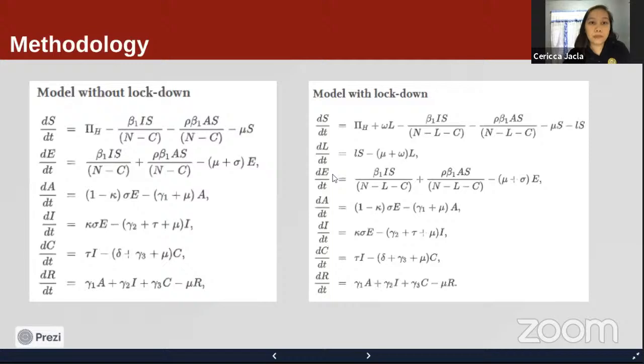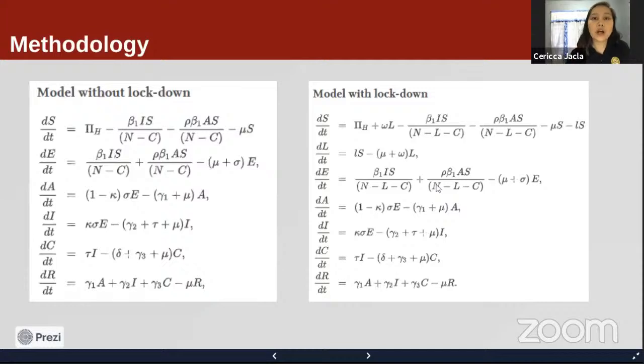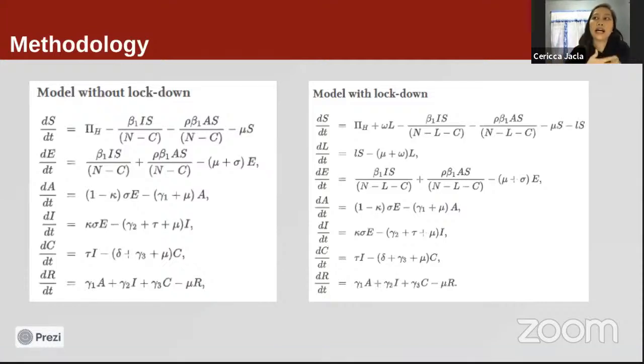Next is the exposed population. For the exposed population, we will consider the transmission rate of the symptomatic and asymptomatic. So the increase of the people who are symptomatic and asymptomatic, in short, the increase of the people who are infected, affects the number of people exposed.